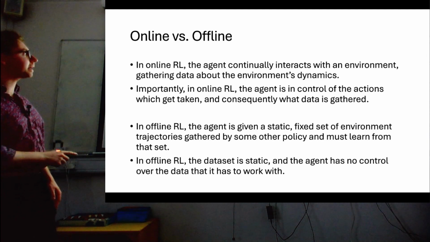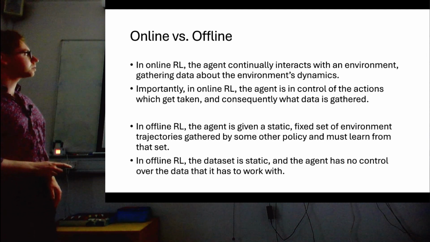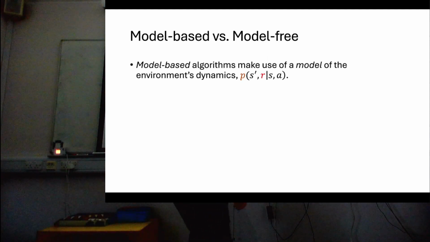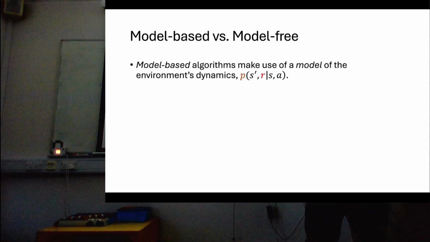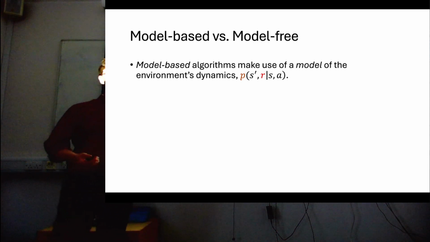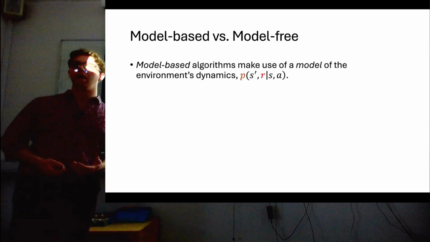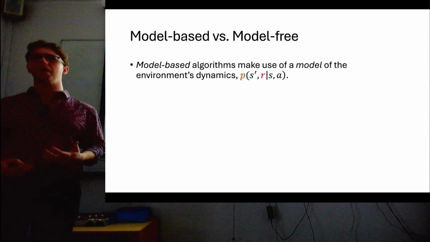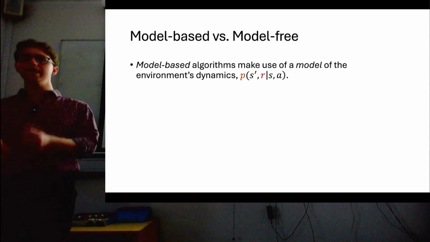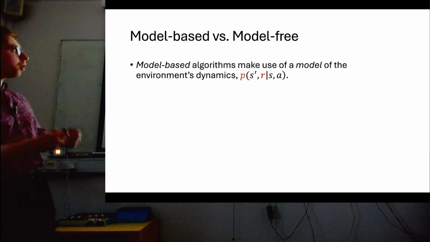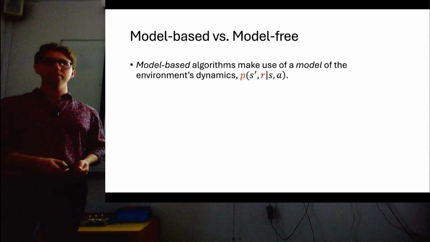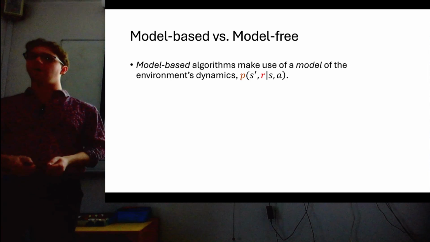Great. The next one is model-based versus model-free. This distinction comes from whether or not I am given or I use a model of the environment's dynamics. All of the deep reinforcement learning algorithms are going to use neural networks as models, but this is distinct from modeling the dynamics. In RL, when we talk about something being model-based, we mean that it uses a model of the dynamics of the environment.